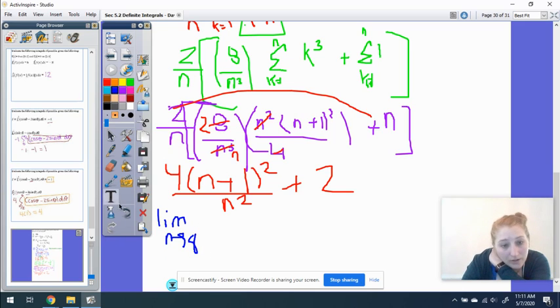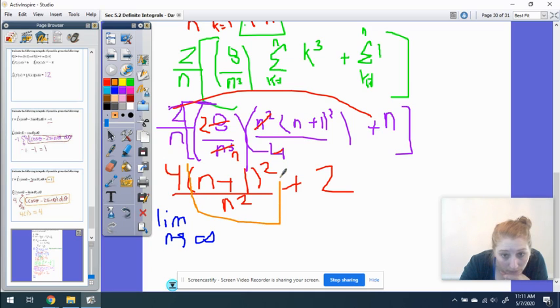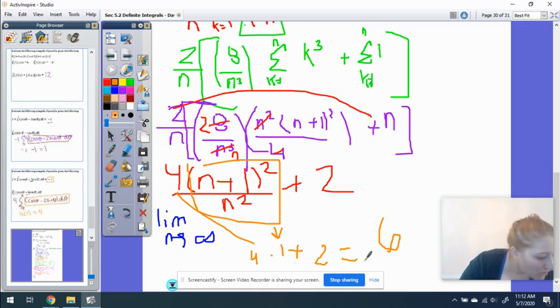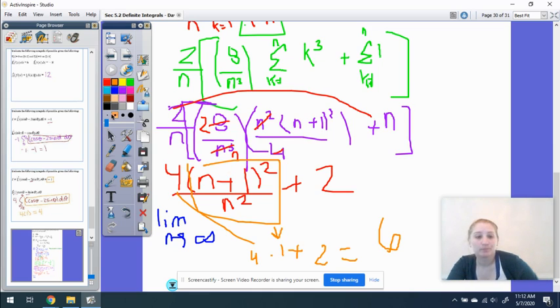All right, so as n goes to infinity, essentially this is going to go to 1, because we're going to have infinity divided by infinity. This is going to go to 4, so 4 times 1. And 2 is going to go to 2. So our answer is 6. Bam. Okay.